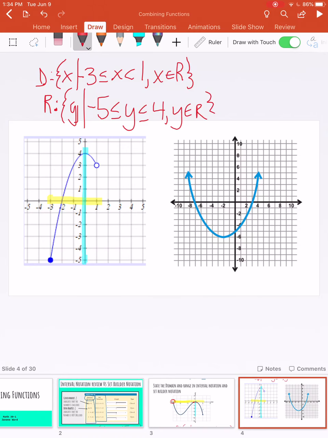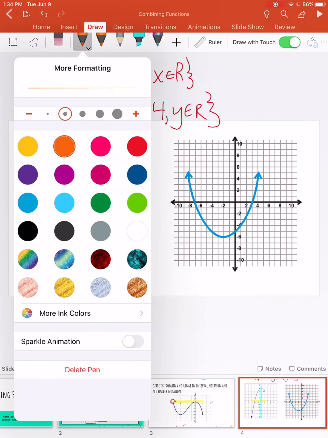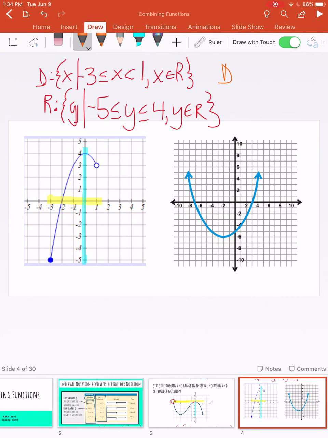And then again, if I wanted to write the interval notation, because it includes -3, I would use a closed bracket. It does not include +1, so I'd use an open bracket. And then for my range, it includes both, so I would use closed brackets for both.